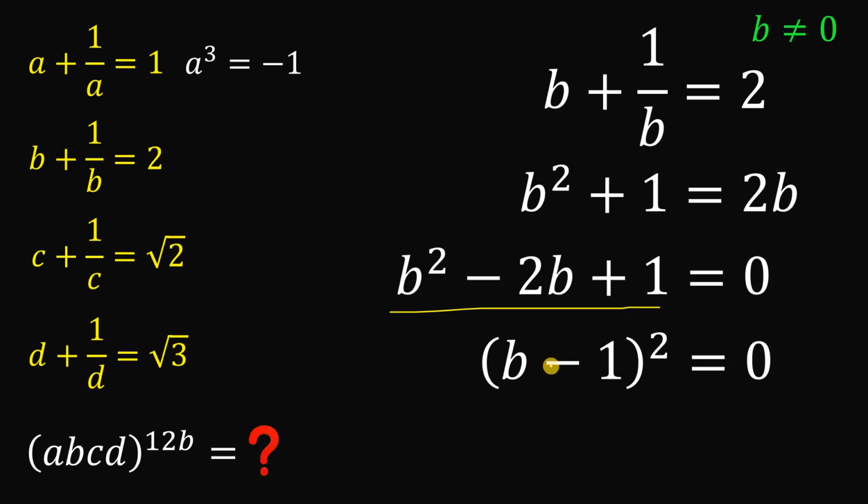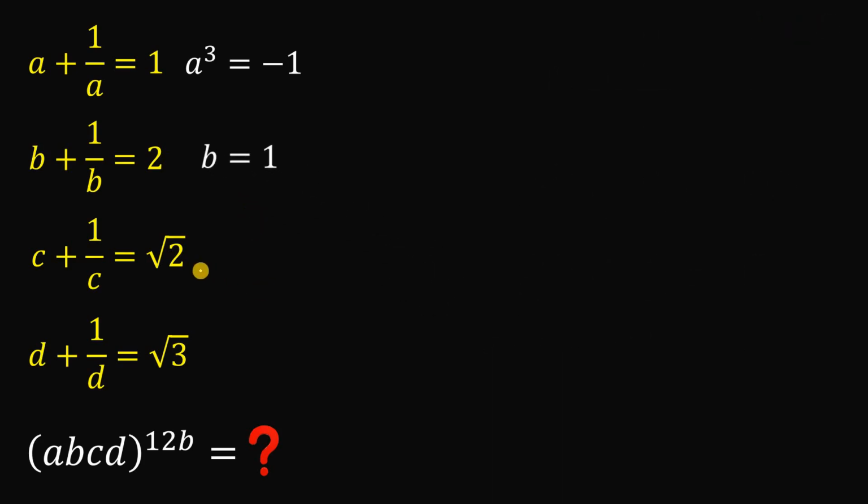And since we want to find the value of b, we can simply take the square root on both sides. So we have b minus 1 equals 0. Technically speaking, b here is equal to 1.